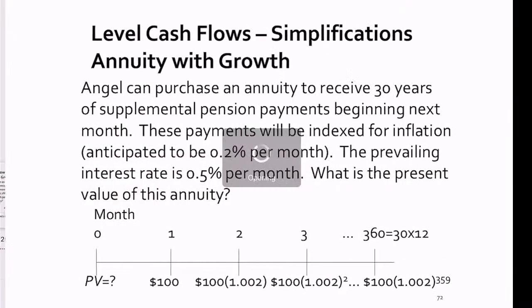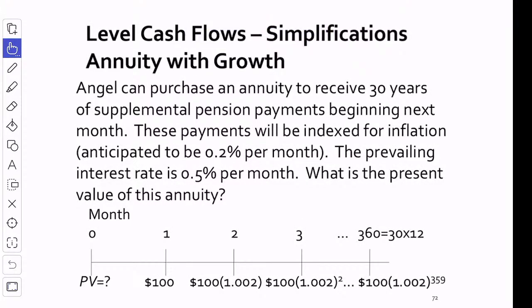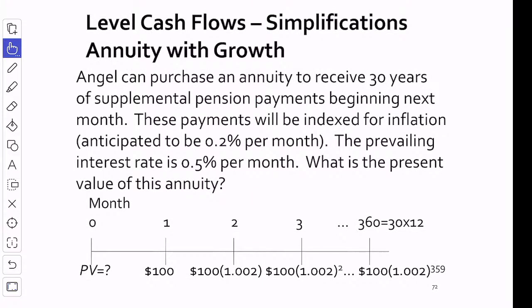Here's an example of why we want to do this. So Angel can purchase an annuity to receive 30 years of supplemental pensions beginning next month. These payments will be indexed for inflation.